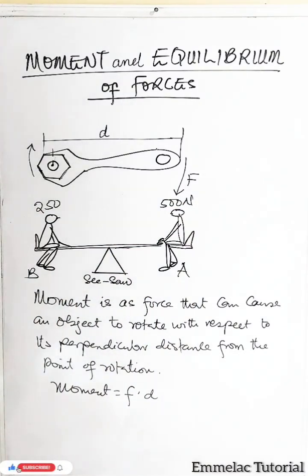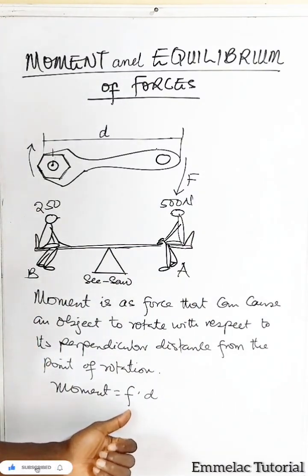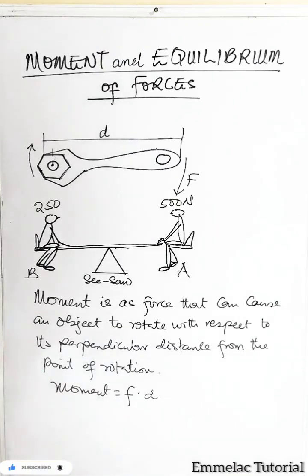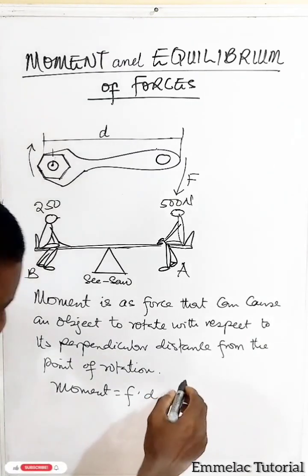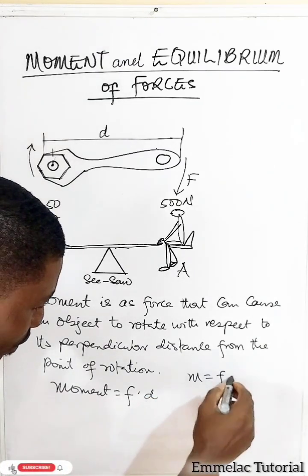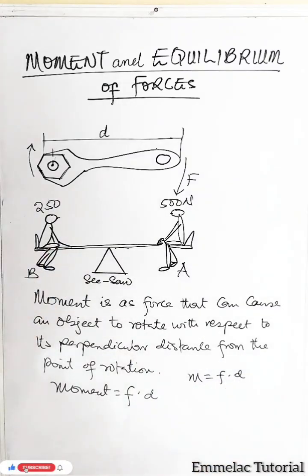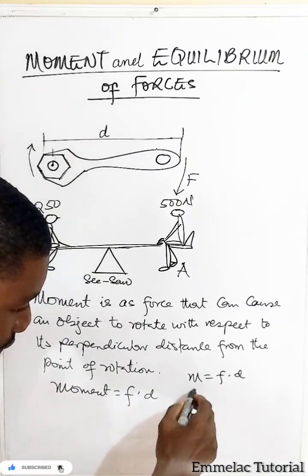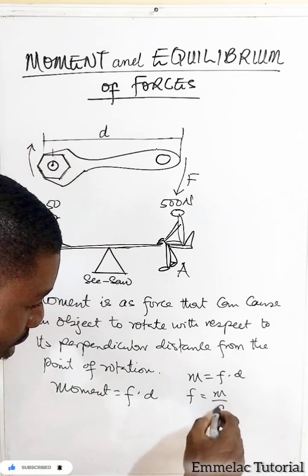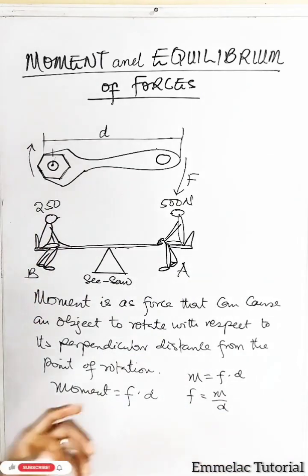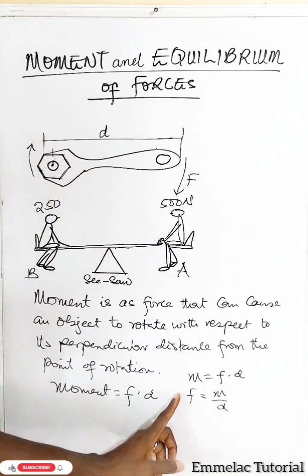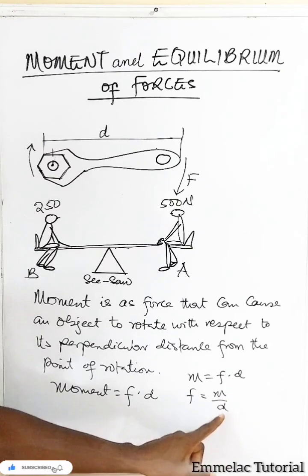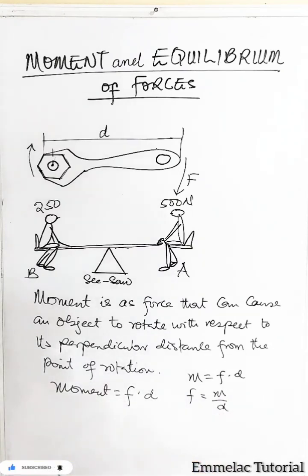Let us take note that moment deals with the product of force and distance. So moment equals force times distance. Making force the subject of the formula, force equals moment over distance. So force is directly proportional to moment, and inversely proportional to distance.